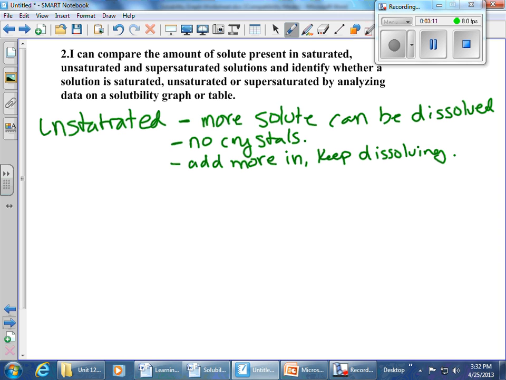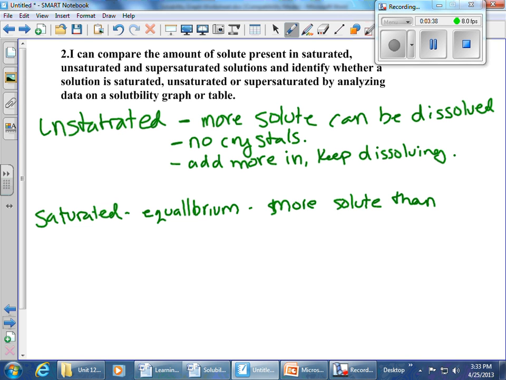A saturated solution, now we've reached that equilibrium. There are more solute particles than can be dissolved. So more solute than can be dissolved, and you're going to see crystals actually being formed.